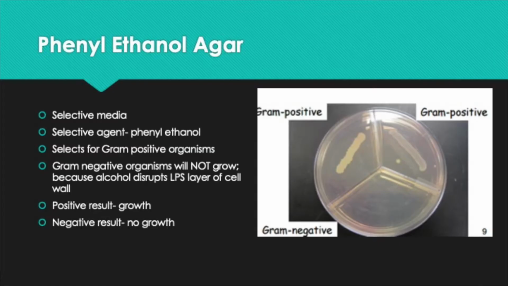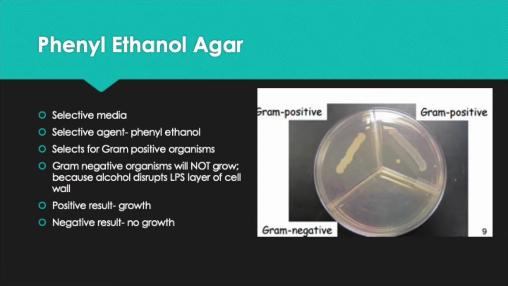PEA is the only kind of media out of these all 8 types of media or tests that is strictly selective. So it doesn't really tell you a whole lot of information. What PEA stands for, I have it up there, is phenyl ethanol agar.